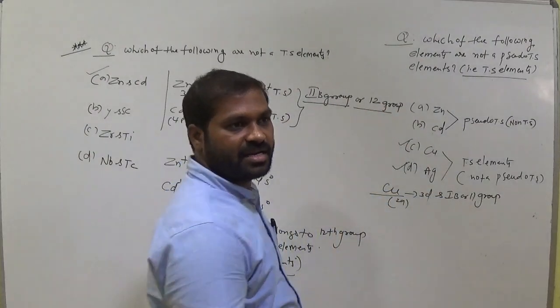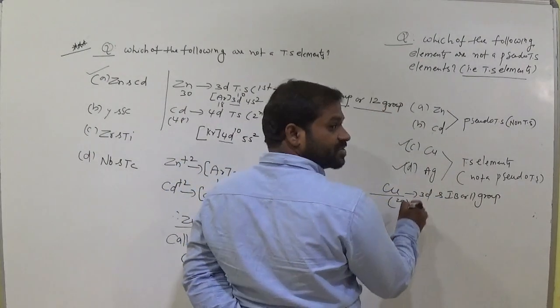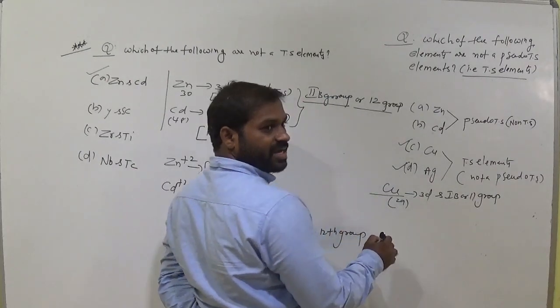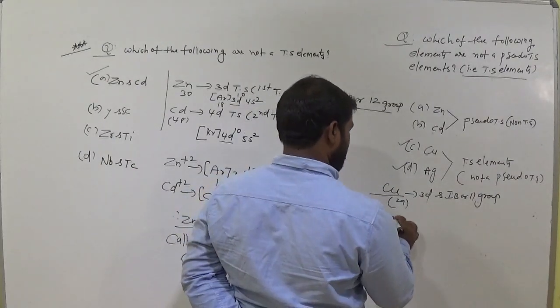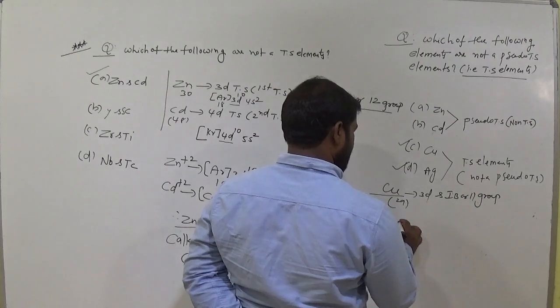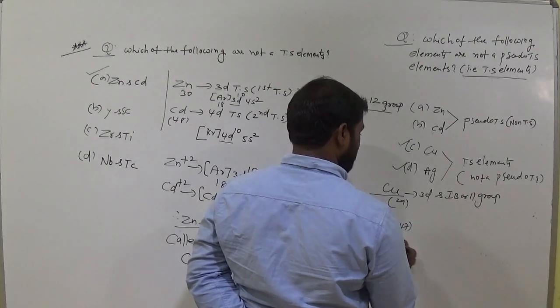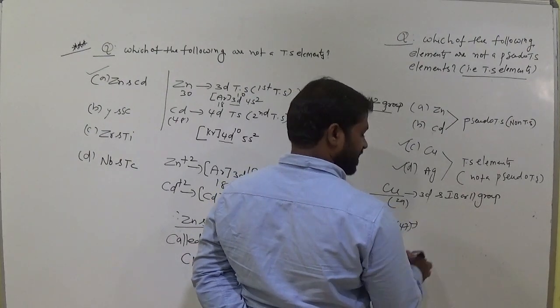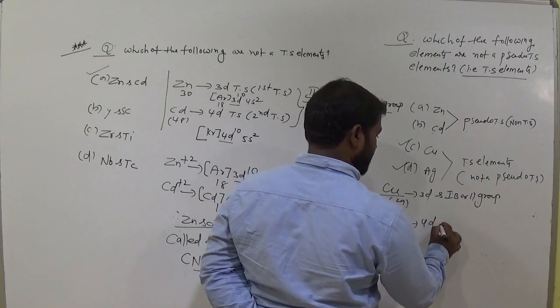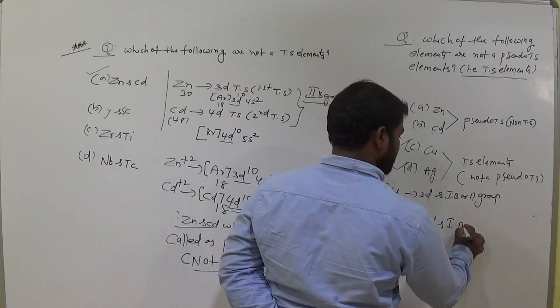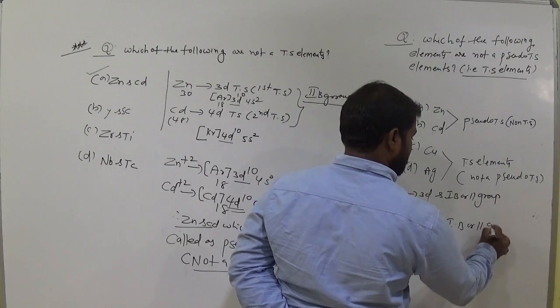Clear? And silver is 47, belonging to 4d and first B or 11th group.